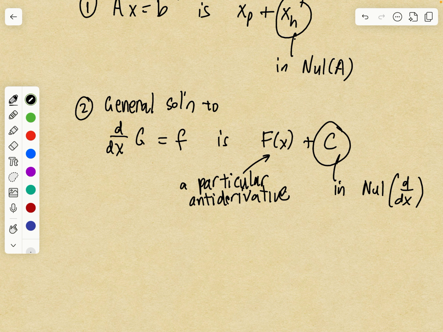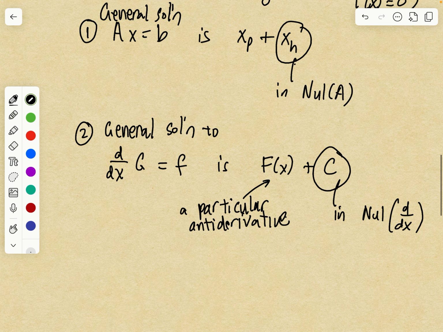Now d/dx is not a matrix. I'm saying that the null space, sometimes called the kernel, refers to all the elements that the operator maps to 0. And there's a theorem that if you have a function whose derivative is 0, that function must be a constant. And that explains why you add these constants to your capital F of x, right?